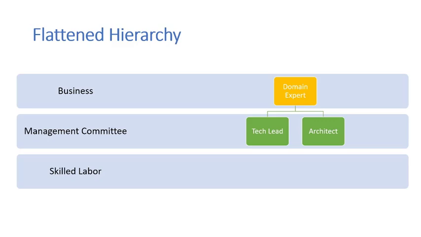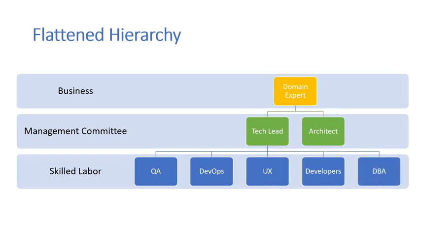And then out of that, you derive these skilled labor positions to handle all of the skilled needs for accomplishing a story. So directly underneath that tech lead that's going to be leading the effort to achieve those objectives, the tech lead will accumulate the skilled labor that they need in terms of a QA representative if they want one, a DevOps person, or multiple people.